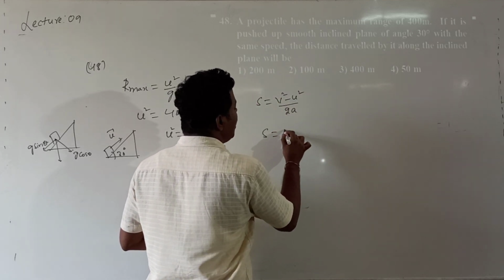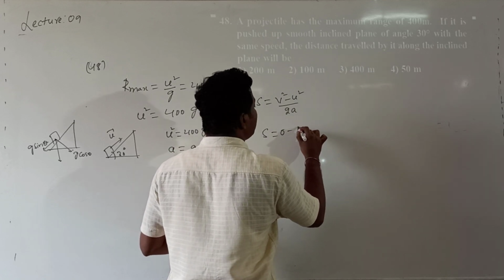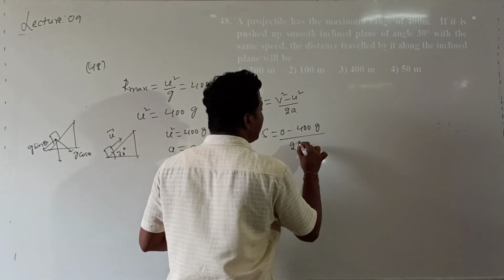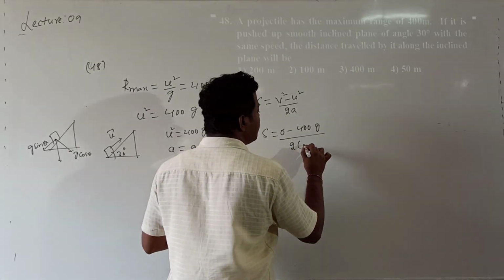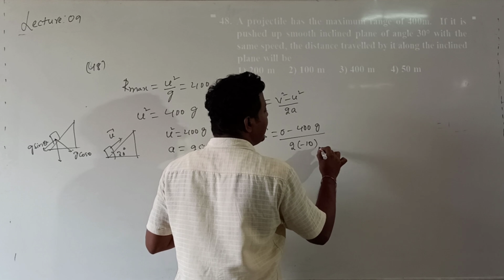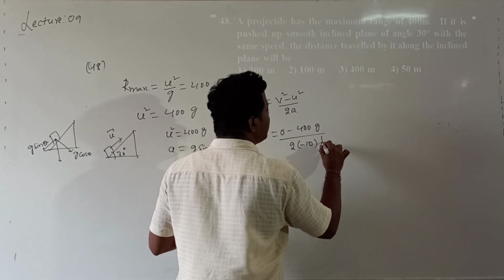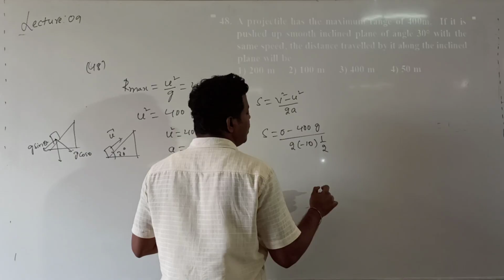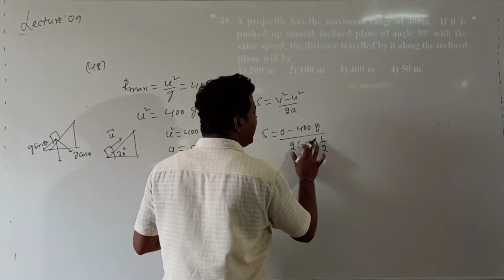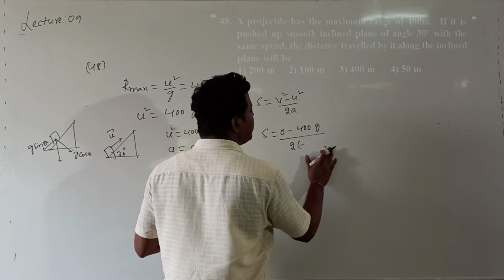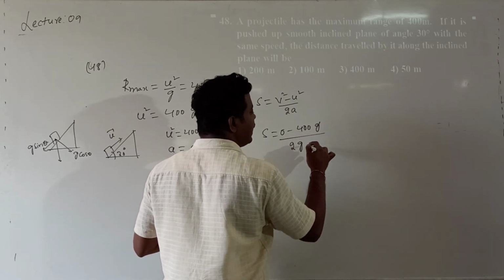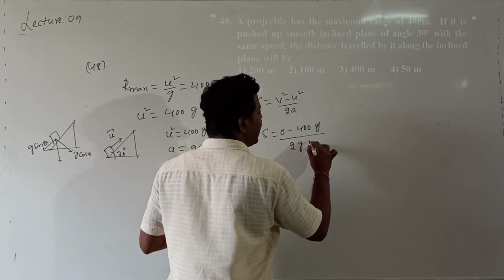So s is 0 minus u square, that is 400 into g, divided by 2 into a, which is minus g into sin 30 degrees.